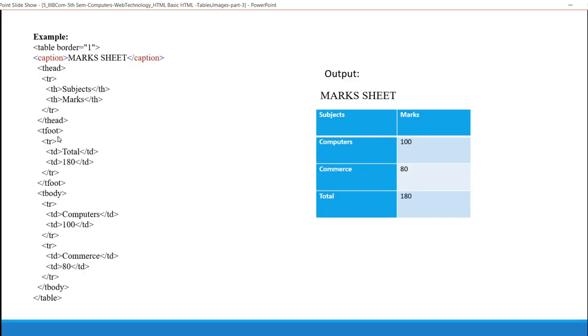In foot I am writing total and the marks, total marks. The body contents are computers, commerce. If you observe the output, this is caption of the table. This is heading, t-head. This is body, this is foot.